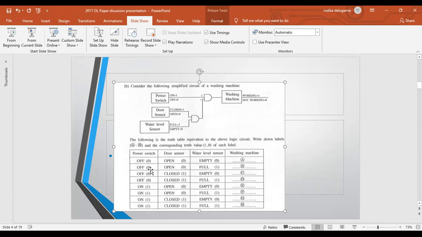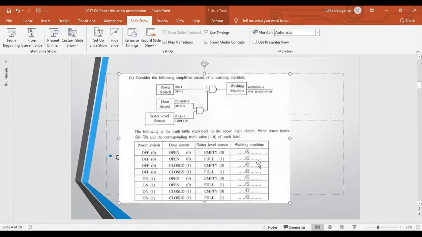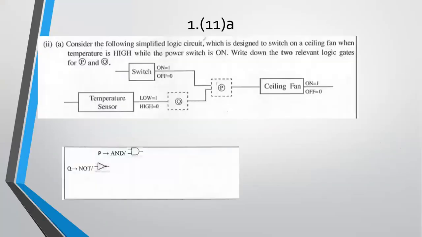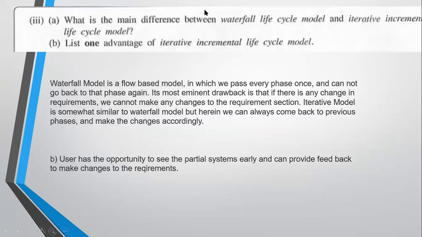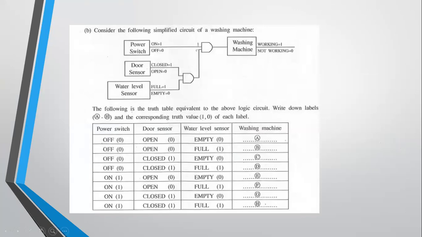So the first four, A, B, C, D, should always be 0. As the power switch is off, the output should be 0.